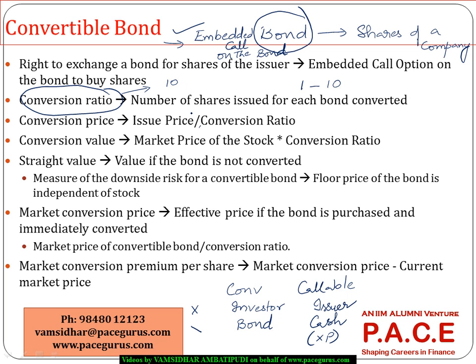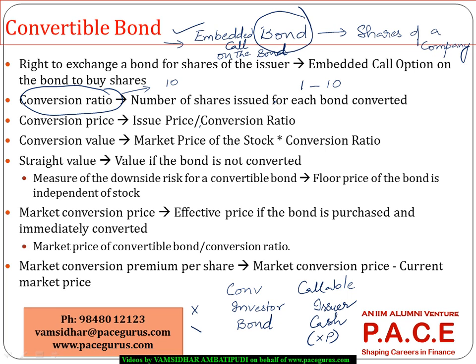And when I am talking about the conversion price, I am looking at the issue price divided by 10, saying that this is the conversion price associated with this convertible bond. And when I take this conversion ratio and multiply it by the market price per share, I get the conversion value.